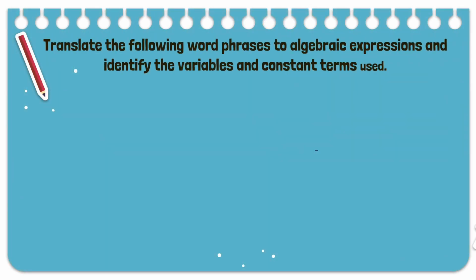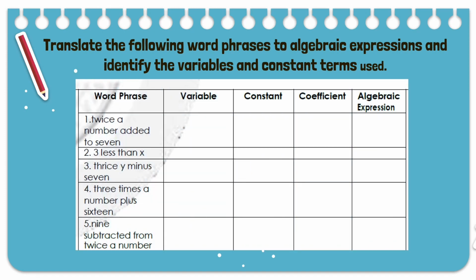So let's now translate the following word phrases to algebraic expressions and identify the variables and constant terms used. Okay, so we have here word phrases, then kukunin natin or itatranslate natin muna siya into algebraic expression para makuha natin or ma-identify natin yung mga variables, constant, and coefficient.